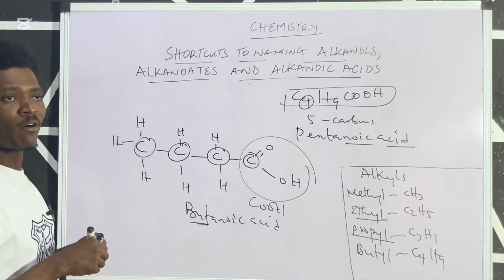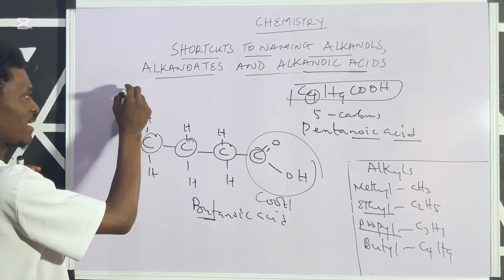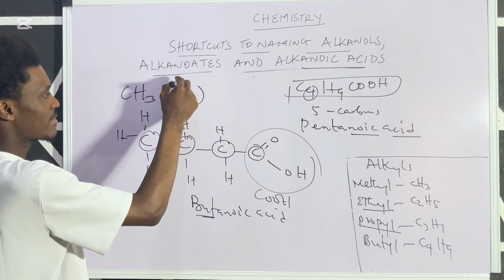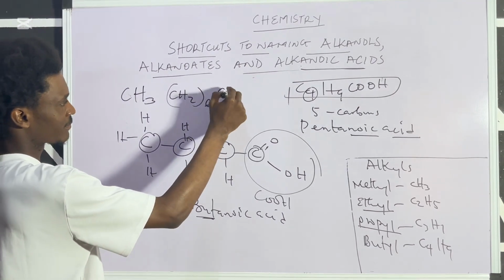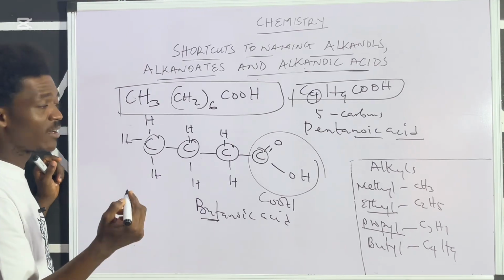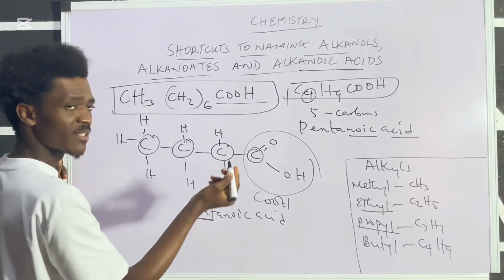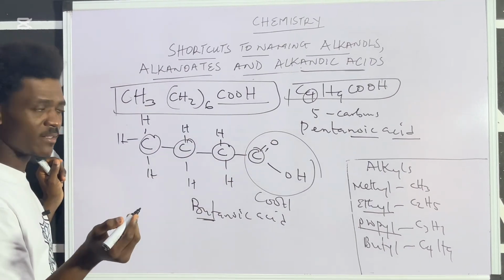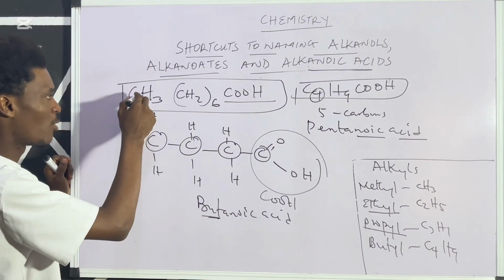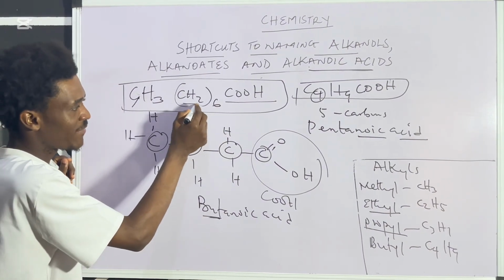Even if they come in the form of a condensed pattern, for example, they can ask you, what is the name of this compound? How would you go about naming it? It's not hard. So long as it contains COOH, you know you have to end it with noic acid. Then next, how many carbons are here in the entire compound? 1. Then this 6, remember, is affecting everything here.